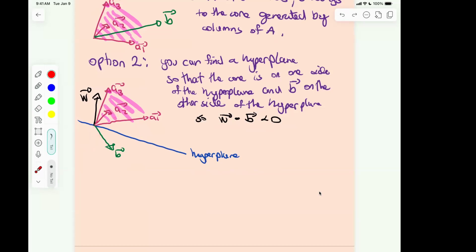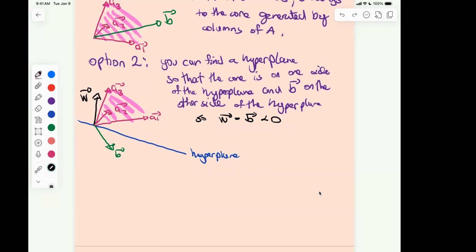So their dot products are flipped. The way I drew it in the picture, W with B is a negative dot product, but W with all the vectors in the cone would be positive, and that guarantees that it's acute. Is that making sense? It's arbitrary which one is positive or which one is negative.